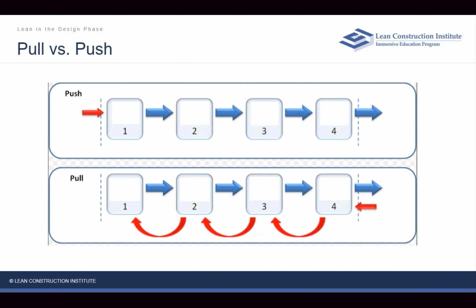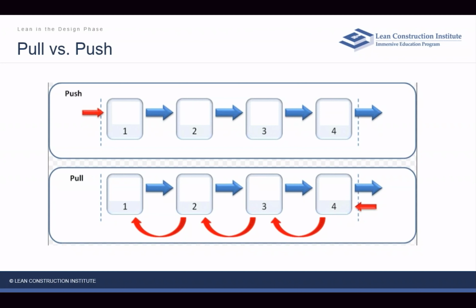I'm going to bring this up more later, but pull might mean some kind of trigger where we don't do a design activity until we're requested to do it. So we're holding back and not just pushing design out.